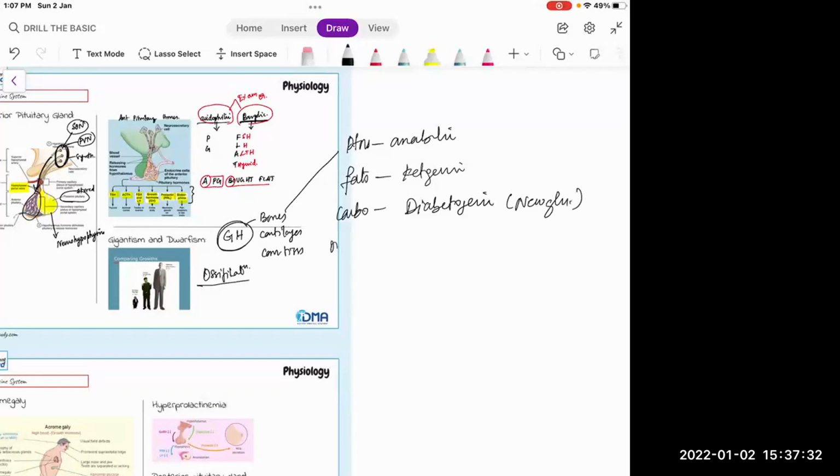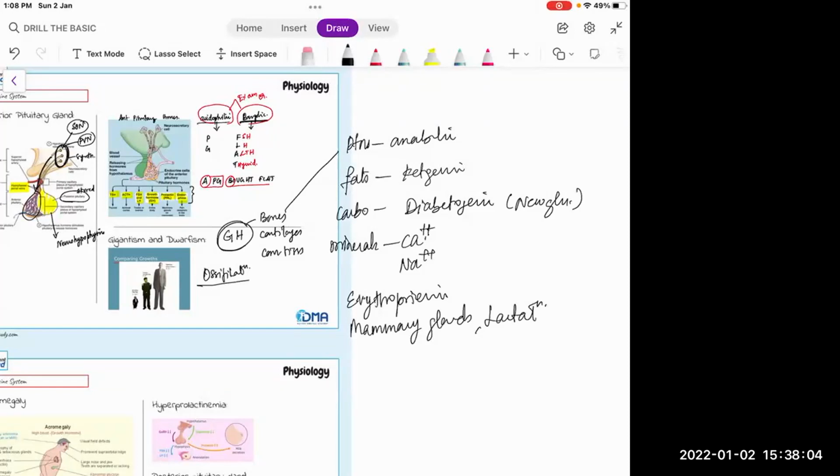Whereas in case of minerals, calcium absorption, sodium retention, all those things. It also has a major role in erythropoiesis and the development of mammary glands, lactation, etc. Okay, so these are some major functions of the growth hormone.